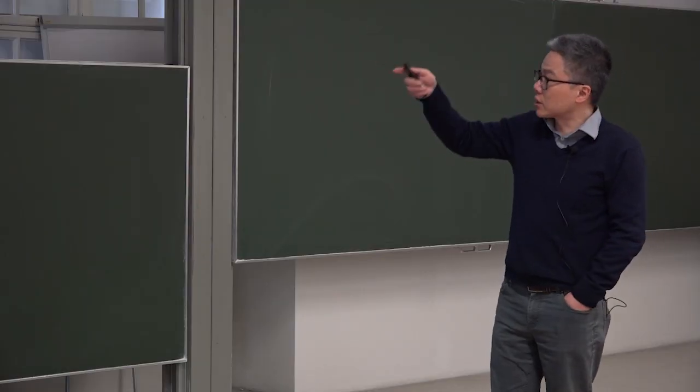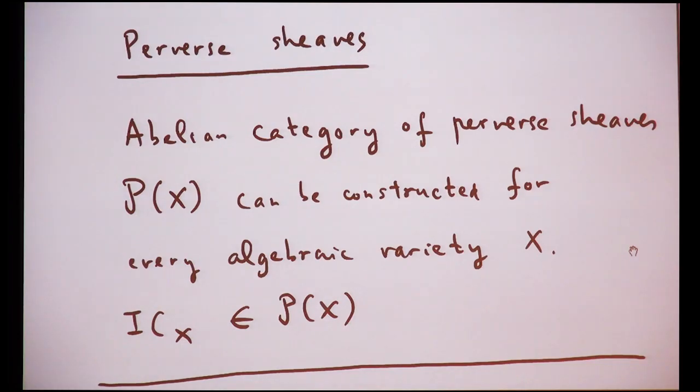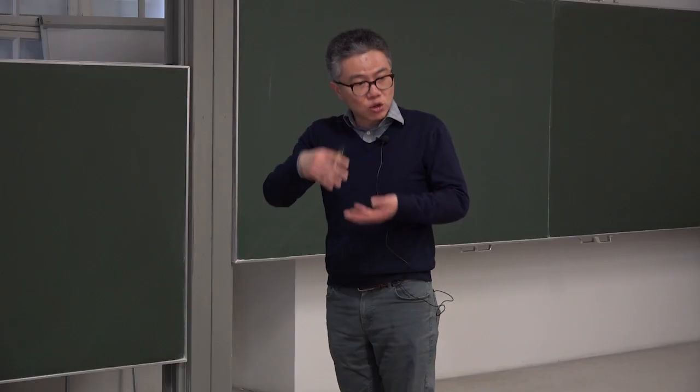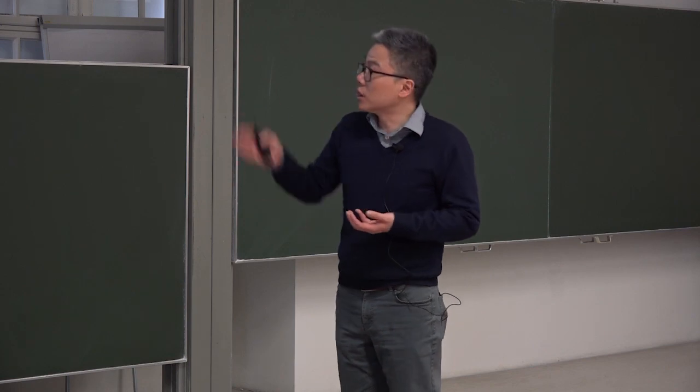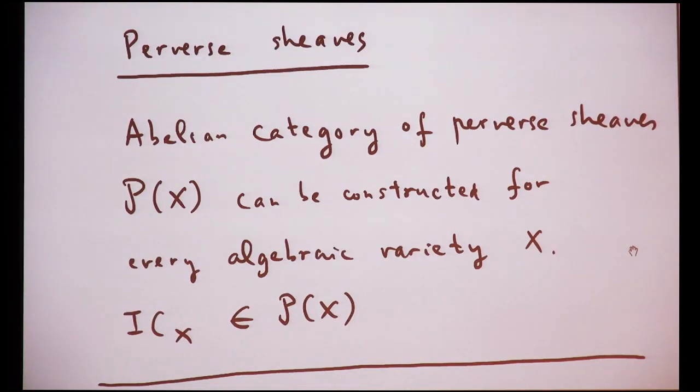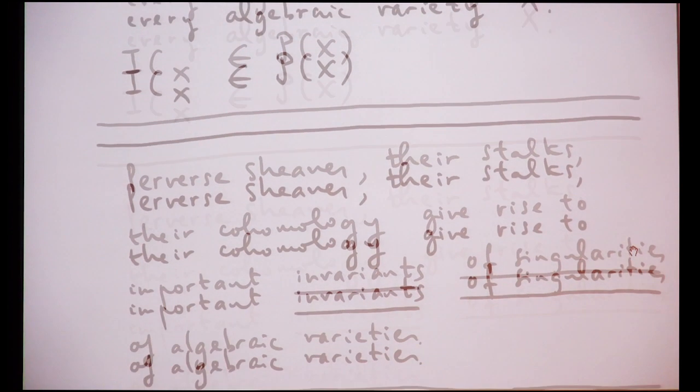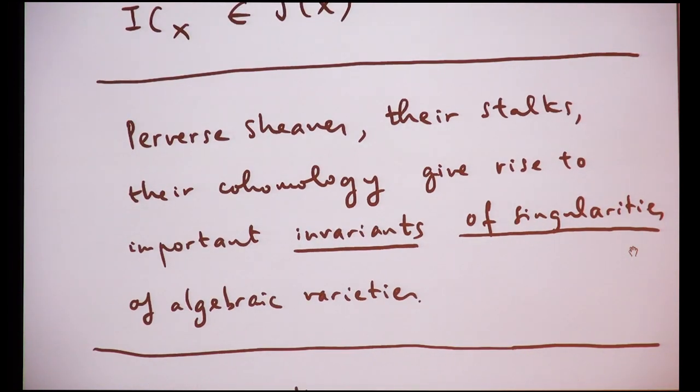And so you can construct this elaborate object in the abelian category of perverse sheaves, and the intersection cohomology complex that I've just described is somehow an object of this category. But there are many of them, and it's important to study them. The point is that the perverse sheaves, their stalks and cohomologies, give many invariants for the singularities of algebraic varieties.